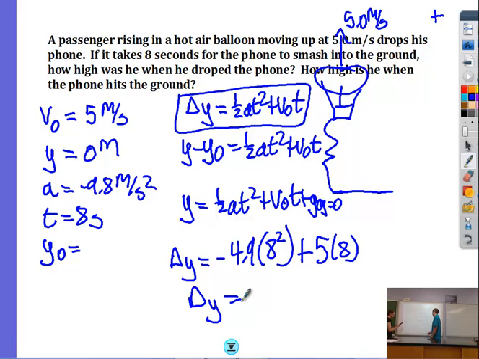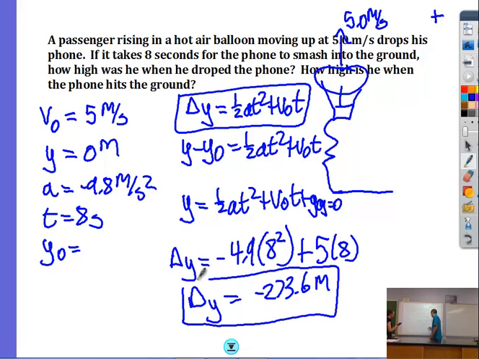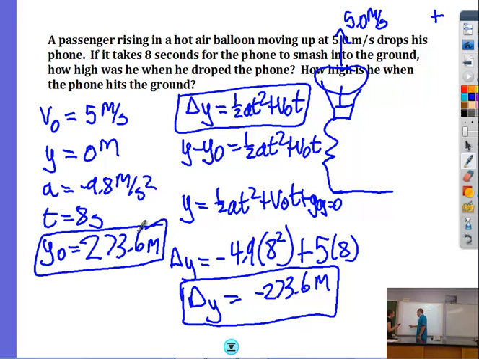And I got negative 273.6 meters. Now, this delta y tells me that the phone fell negative 273.6 meters. But then I know it must have started 273.6 meters high. Okay, so sign mattered. The initial position is a positive 273.6 meters.